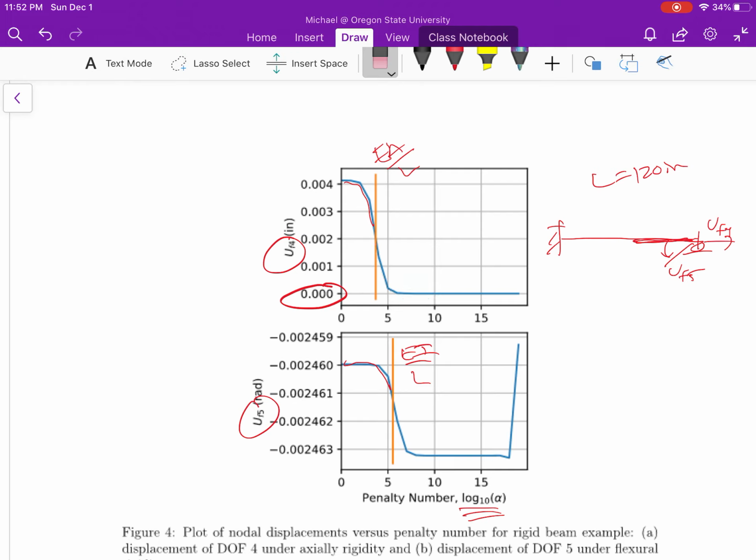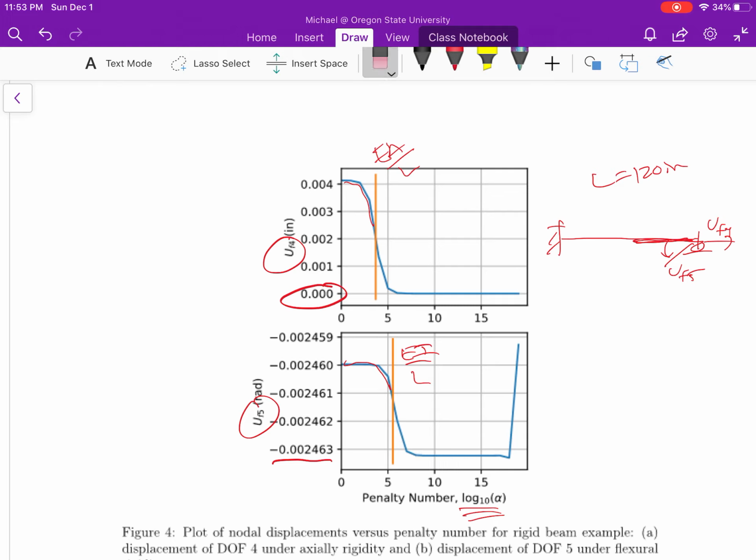And likewise for the flexural constraint, the exact solution is given down here as you get to 2, 3, 4 orders of magnitude higher than EI over L. This starts to be satisfied.